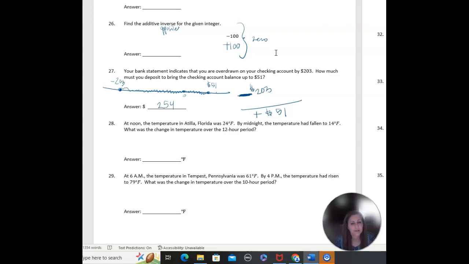You need $254 to meet your goal in the positive direction. So if you add this, you would get 51. Let's use our negative button. Negative 203 plus 254 is positive 51. Make sure you're not using the subtraction button in place of the negative.